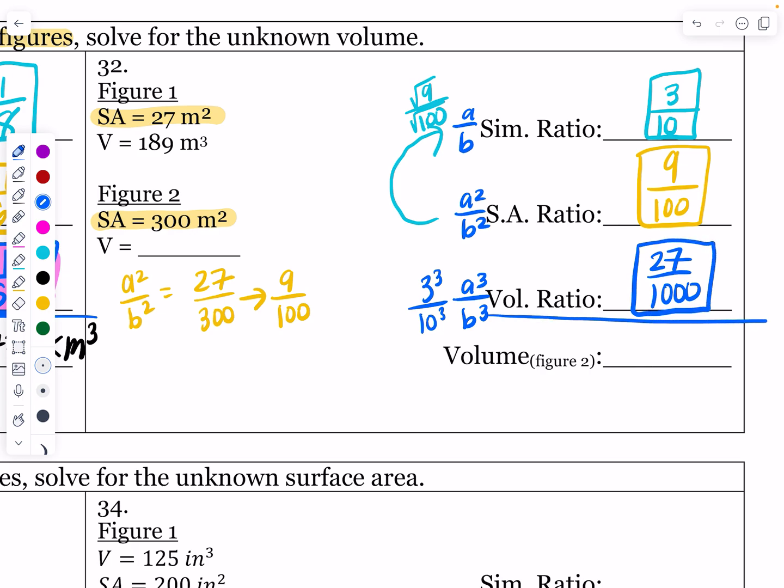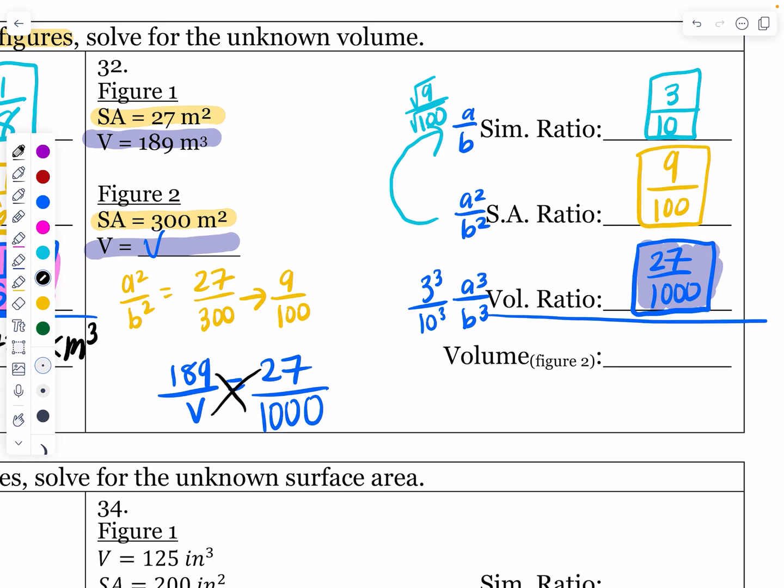So now we're going to use that to actually find my unknown volume. And so I am given the volume of the smaller shape. We want to find the volume of the bigger shape, so I'm going to put a V there. And so that's going to be 189 over V. The actual volume should be equal to the volume ratio, which we have right here, 27 over 1,000. So I'm going to set that equal to 27 over 1,000. And then I'm going to cross multiply.